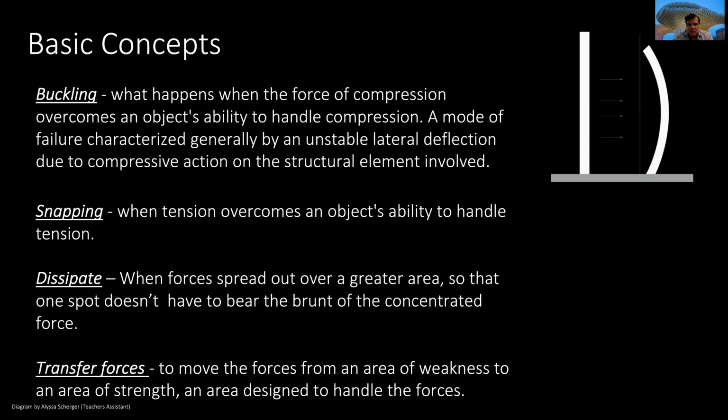Dissipate is the force that will spread out in an area, and the forces will be transferred from one element to another element. For example, in a truss bridge, we will have an element that is made out of triangles like this.